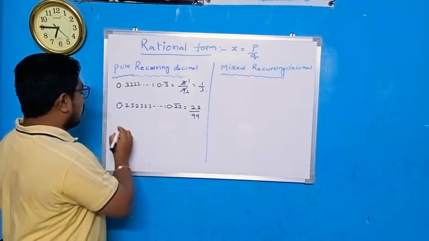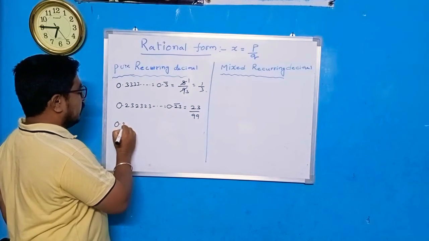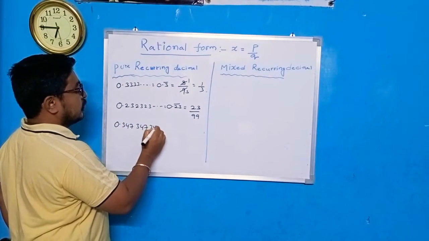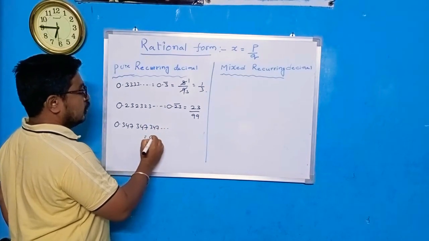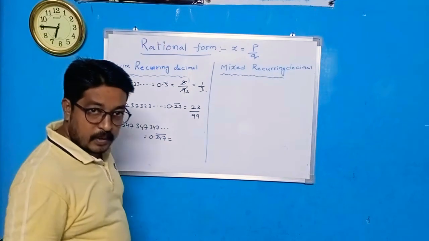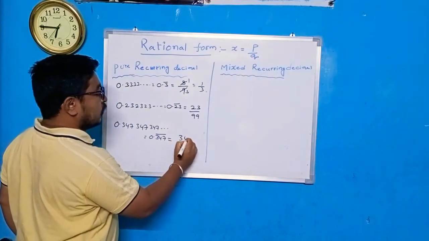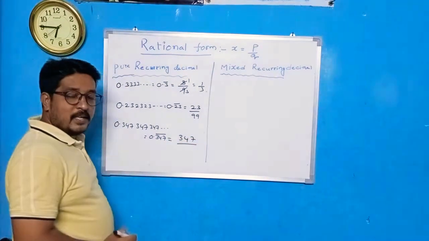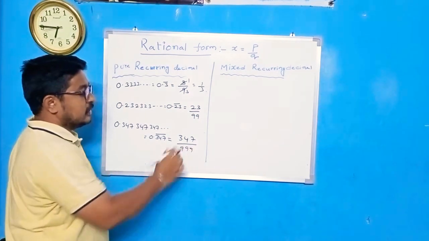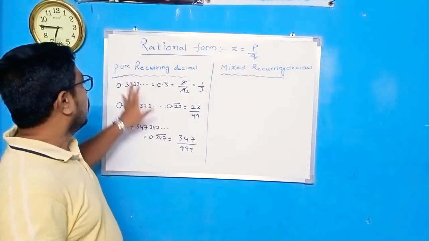Suppose you are writing 3 digits, 0.347 bar is nothing but 347 by how many digits recurring here? 3 digits, so write here 3 nines. This is a simple technique for pure recurring decimals.